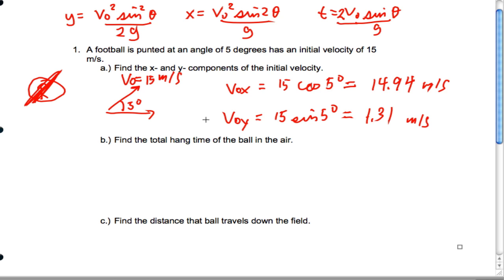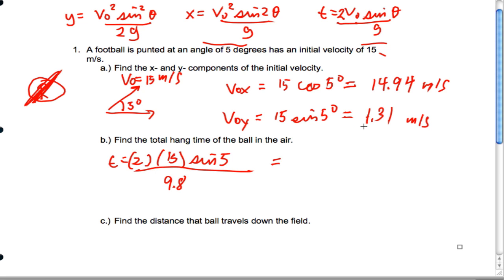Now, this ends up being irrelevant when we have these formulas. For example, let's find the total hang time of the ball in the air. I'm going to use the hang time formula. So t is 2 times 15 times the sine of 5 degrees divided by g, which is 9.8. Actually, it's not so irrelevant because we got this right here.